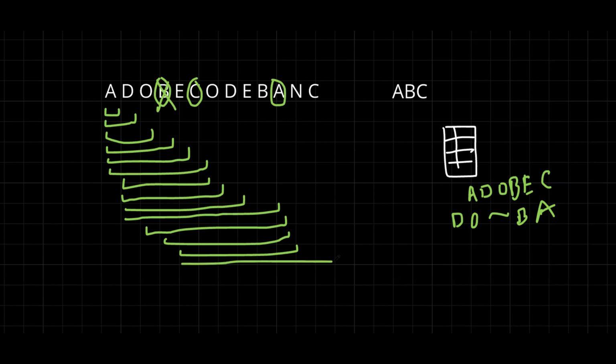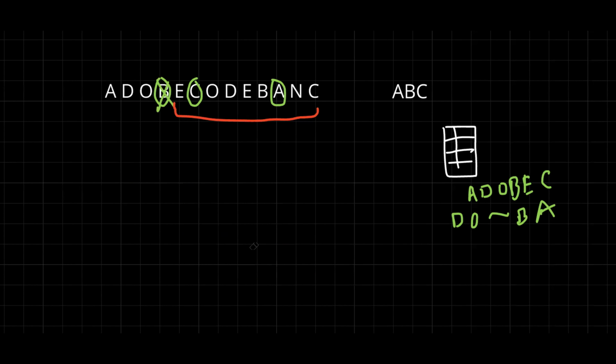So again, we have to expand the window. Now, if we expand the window from the last position, the window is this. Now let's erase the previously drawn window. Now here, this window contains all of the elements A, B, and C. Now let us shrink the window.